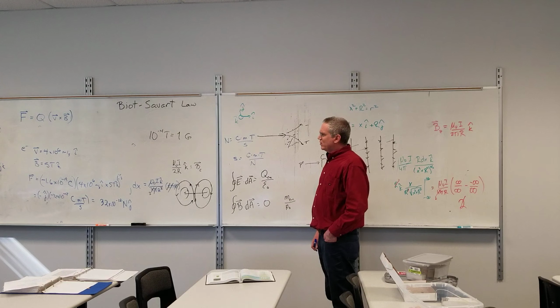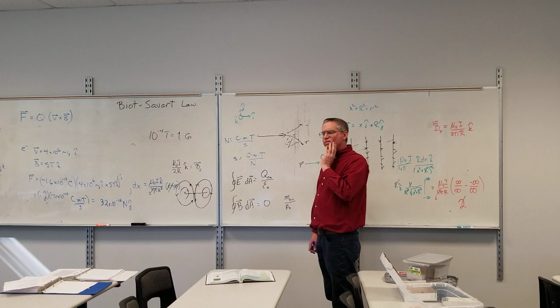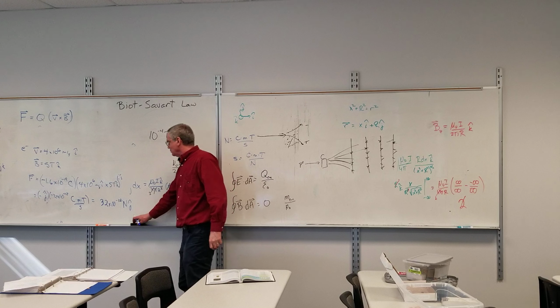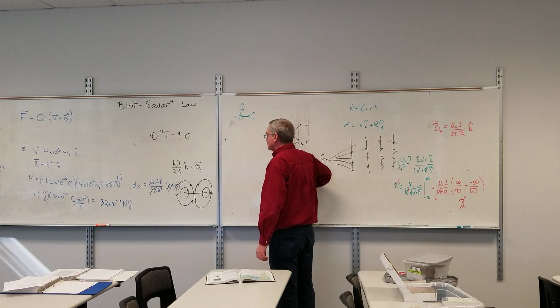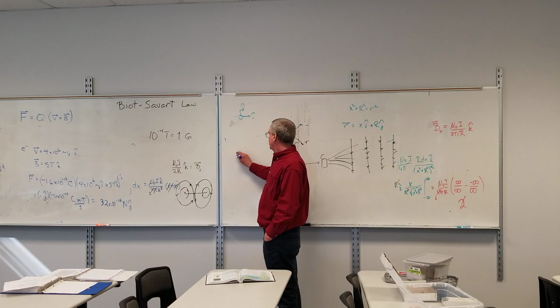So if this electron is traveling at the speed of 400,000 meters a second, what's going to be the radius of the curve? I have erased it. So we had qvB is equal to mv squared over r.